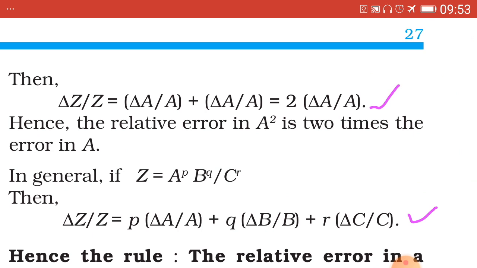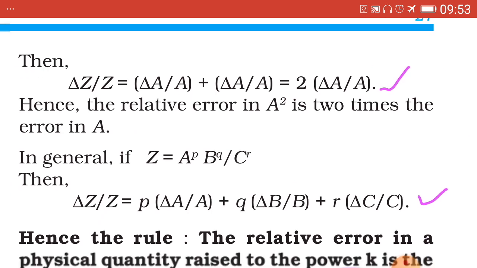If we take z equal to a square, then in terms of error, it will be delta z upon z equal to delta a upon a plus delta a upon a, which is equal to 2 times into bracket delta a upon a. This means that power is taken in coefficient. Always power comes in as coefficient.